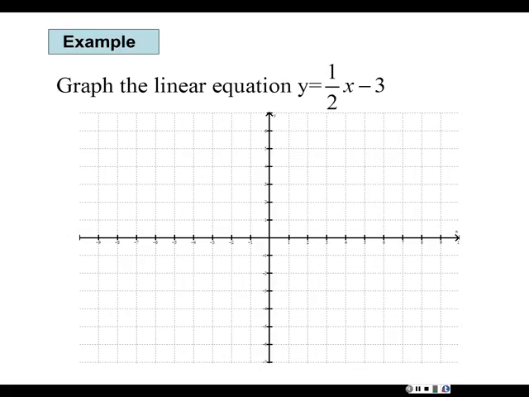This is not the only way, but this is the way of drawing lines if you have the equation in this form. And every single linear equation, unless it is a horizontal or vertical line, you will be able to do it.